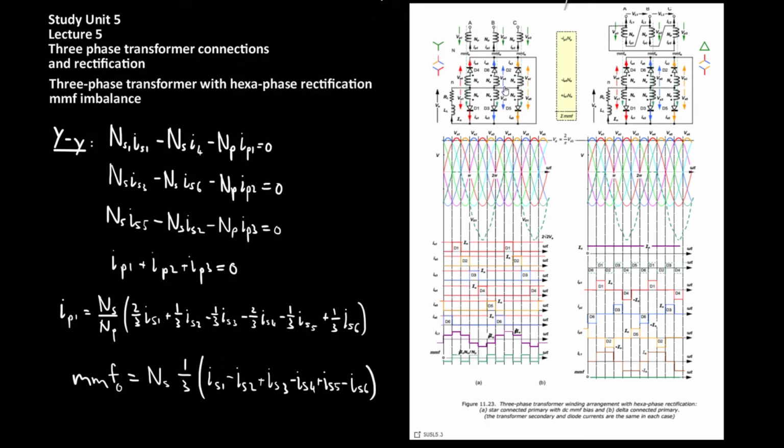In both cases, where there is the Y primary with two secondary Y transformers and the primary delta with two secondary Y transformers, there are some tricks that can be done to remove the DC MMF bias.